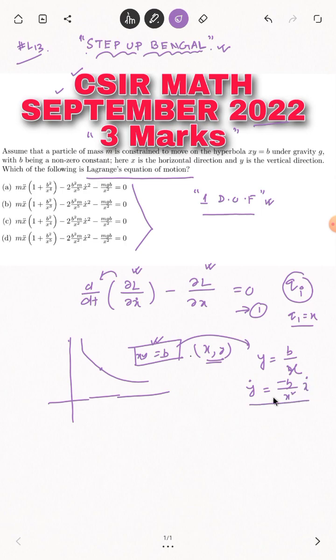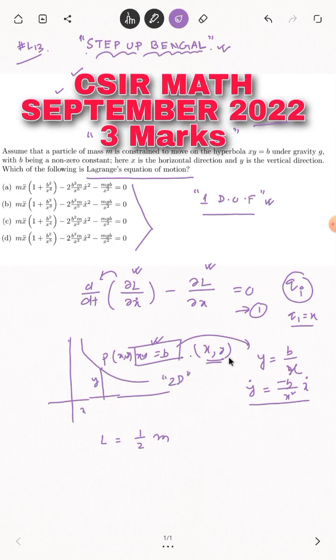This is important. Say the particle is here at the point P, xy will be the coordinate. So this is obviously y, this is x. So first of all, what will be L? L will be half into m, since the process is happening in a two-dimensional Cartesian system.